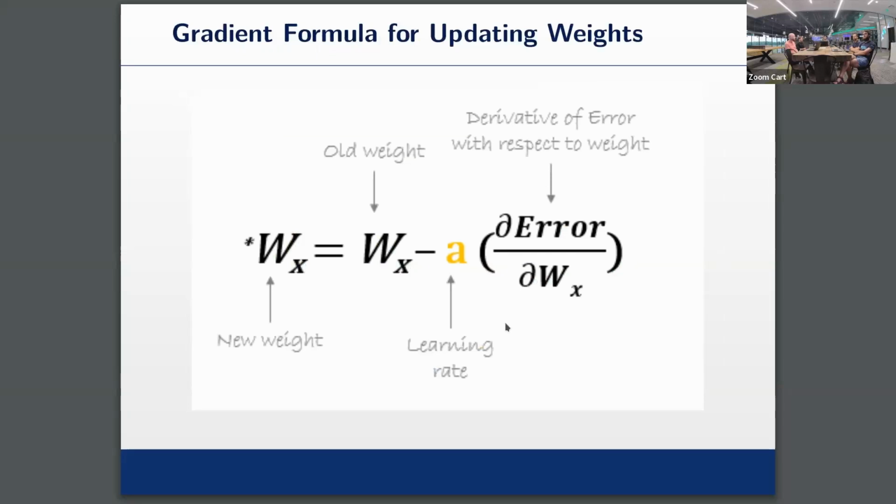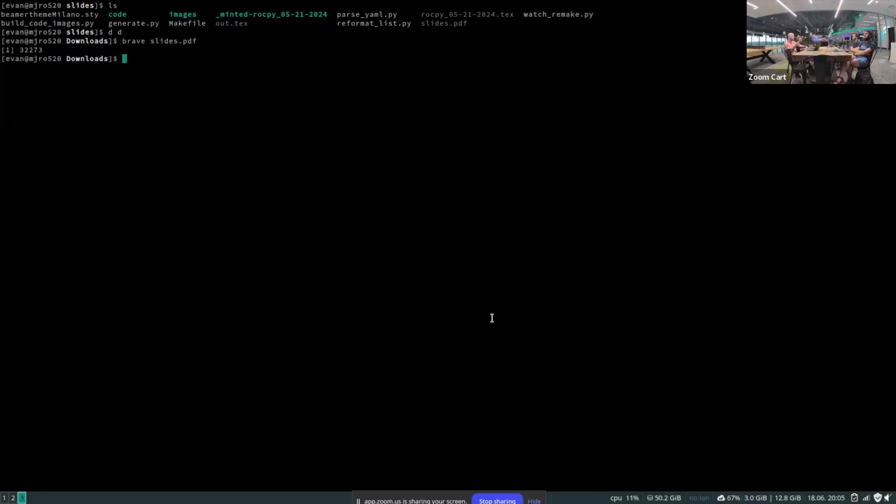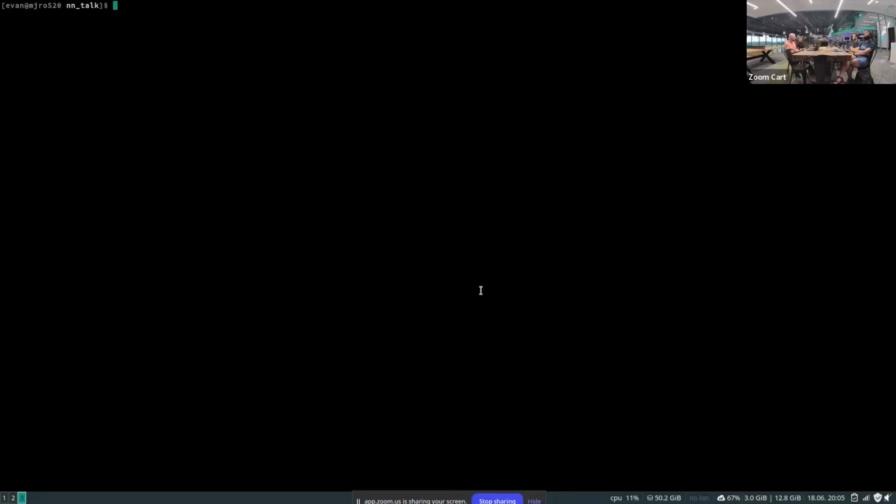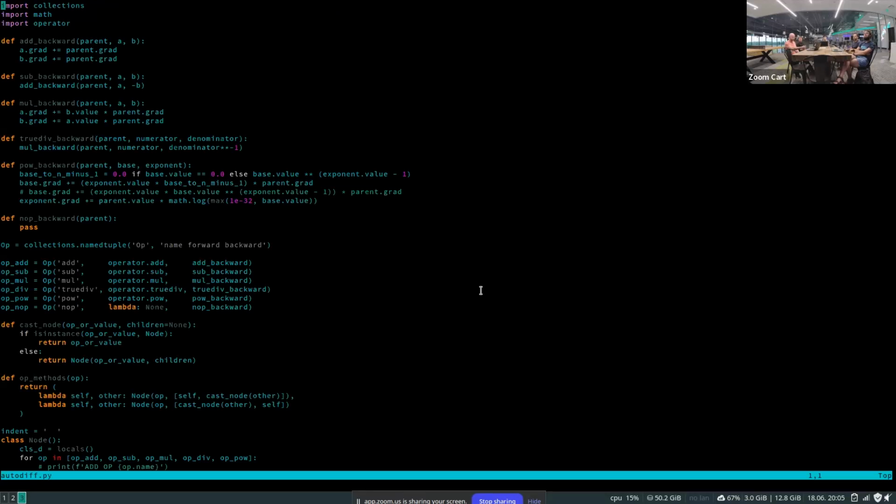Oh, you mean what are the relationships? I think that's what I mean. Because you have your differential at the end, you know what you should have gotten, you know what you did get. So that's your overall differential. But for the middle stage or the first stage, how do you know what the slope of that particular node is?